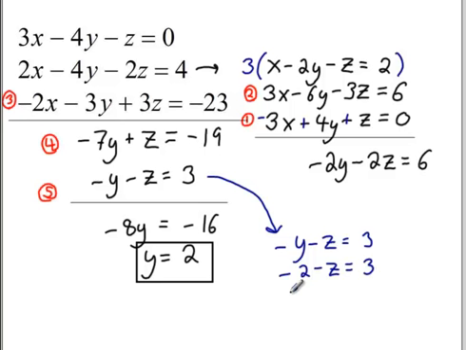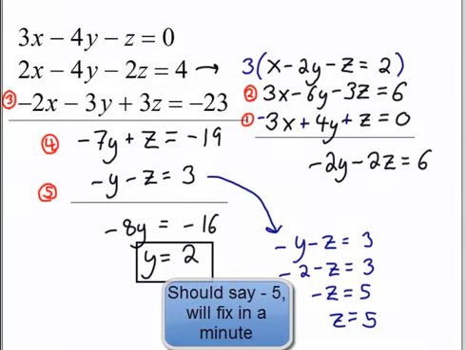I'm going to add 2 to both sides, so I get negative z is equal to 5. Therefore, z is equal to 5. That is my second unknown. Z is equal to 5.